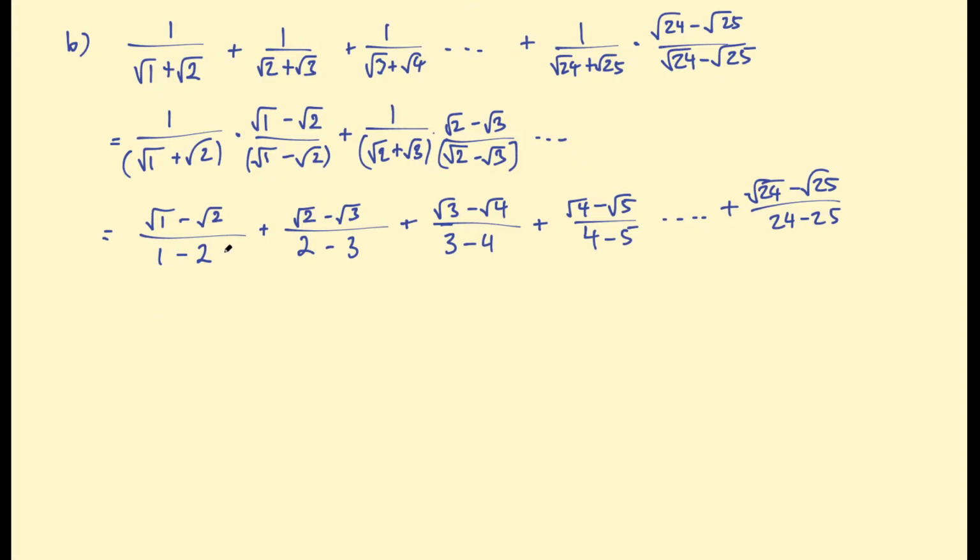Well, let's look at the denominators. 1 take 2, what's that? 1 take 2, that's negative 1. 2 take 3, that's negative 1. 3 take 4, that's negative 1. So all of the denominators are going to be negative 1s, all the way up to the last term, negative 1. What about the numerators?